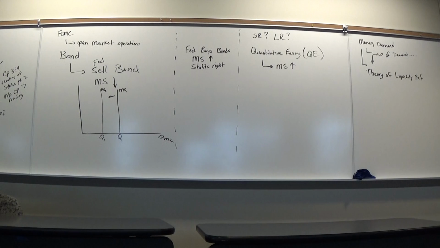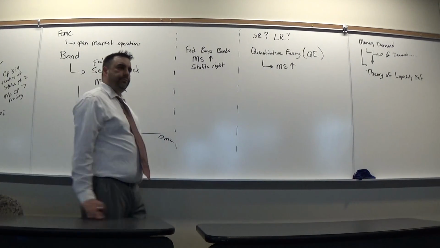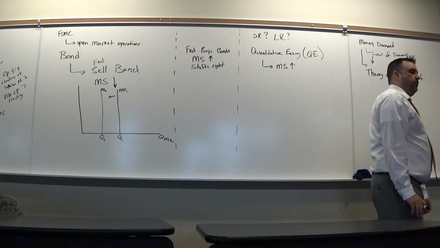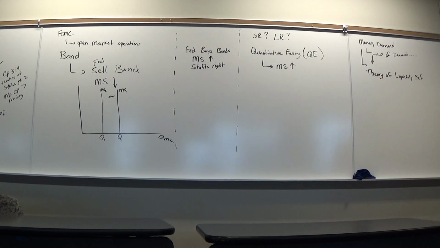People prefer to keep their money more liquid, like as cash, at low interest rates, and prefer to keep their money less liquid, so now in parentheses put like in a savings account, at high interest rates.